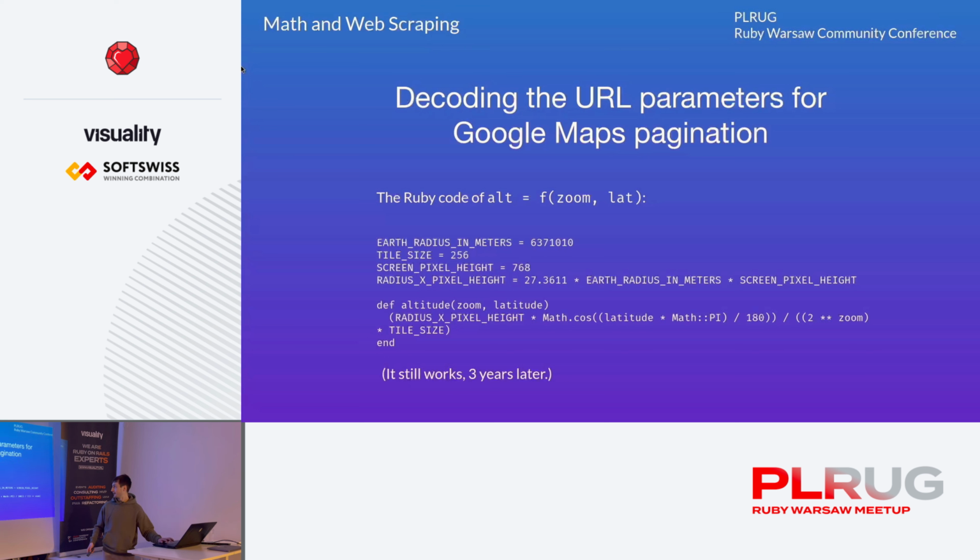Putting it all together, here is how we extract latitude, a float number, longitude, a float number, and zoom level, an integer.